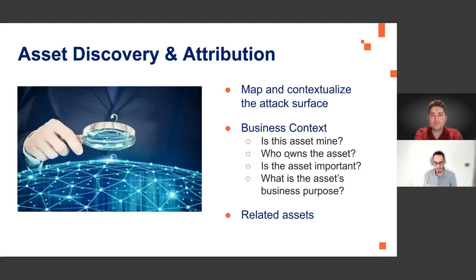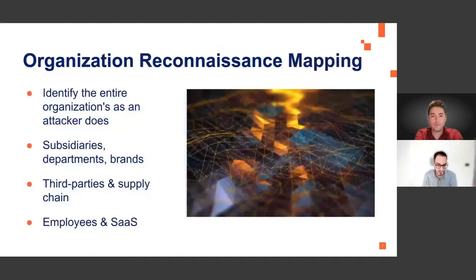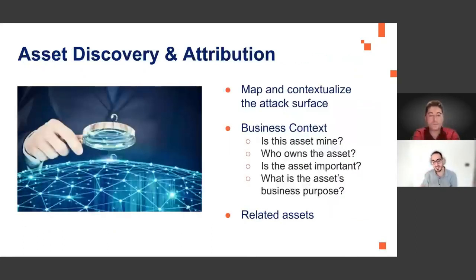But what if, whatever technology and process are in use, I don't know all of the subsidiaries, departments, brands, names? And so I can't use these data points to look for assets out there in the world that are related to these organizations. So I can't find the asset.